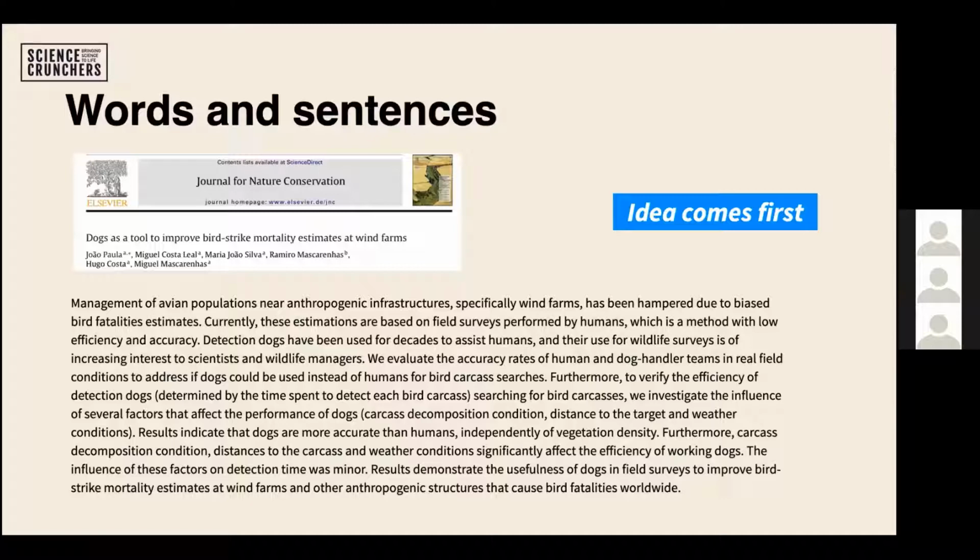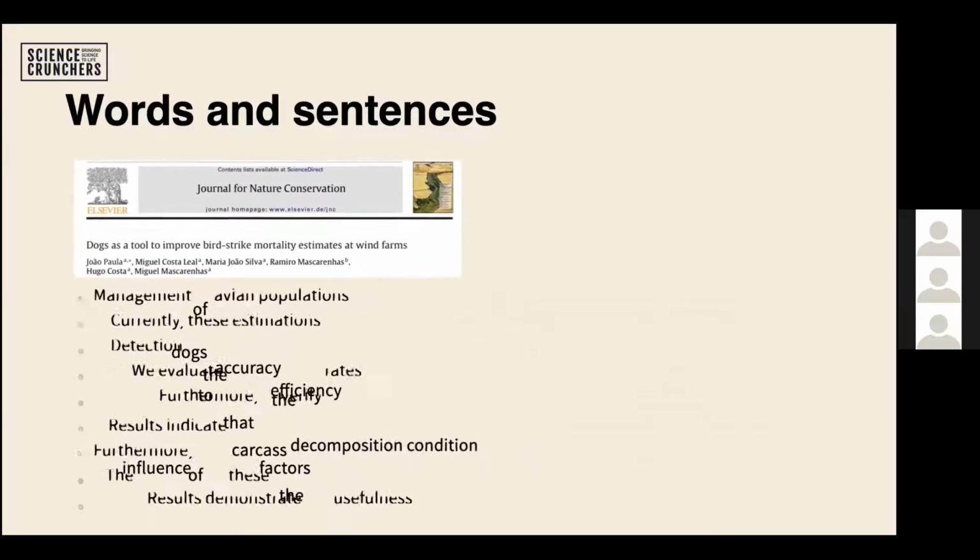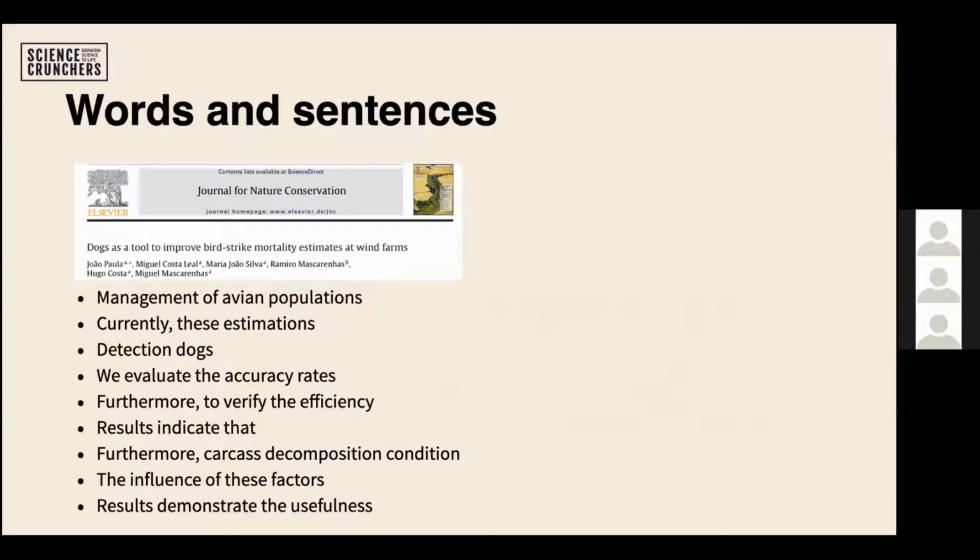What I want to tell you is ideas should come first. So what I did was I underlined the first few words of each sentence, as you see here, and I'm going to highlight them. It's not only one or two or three, let's say the first few words.